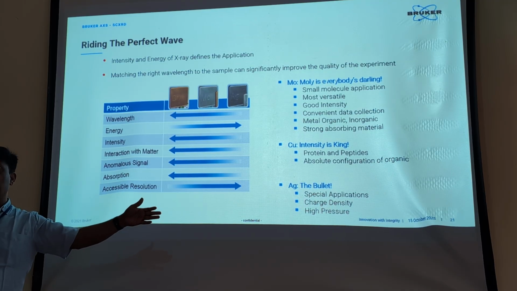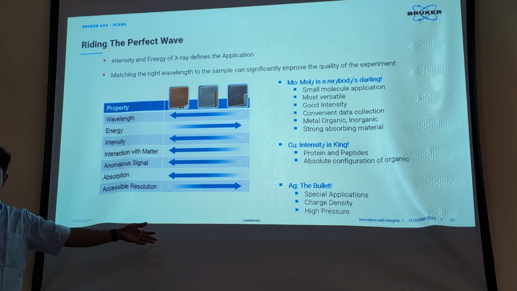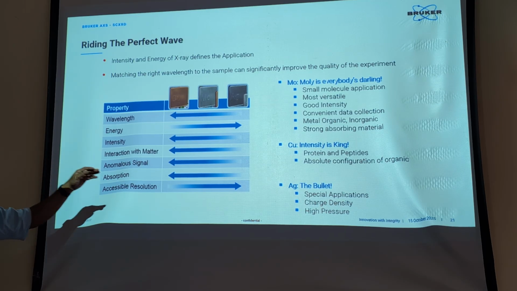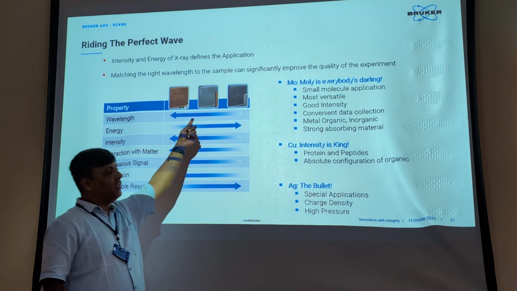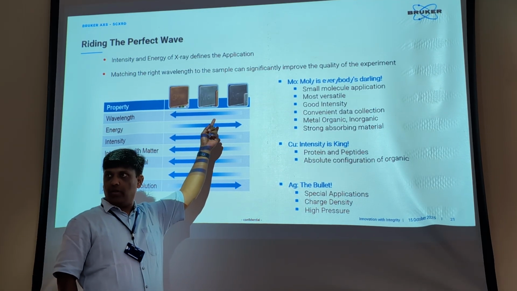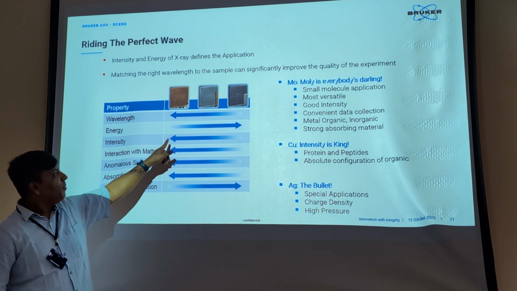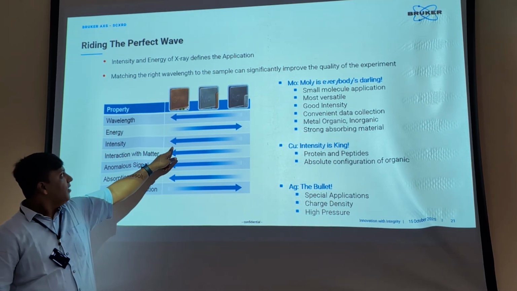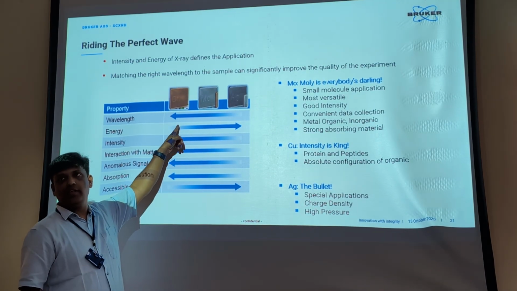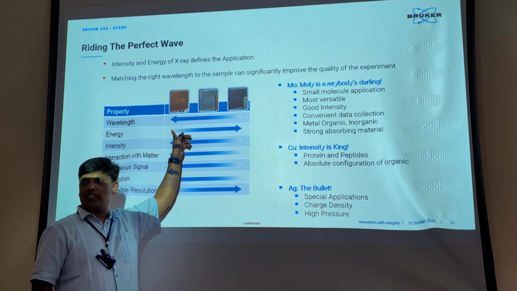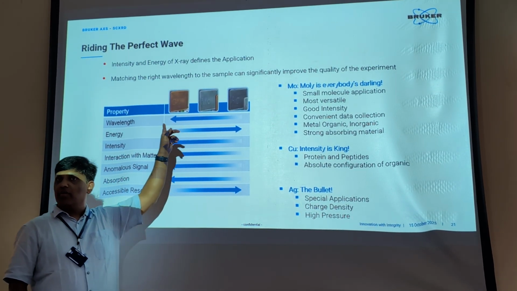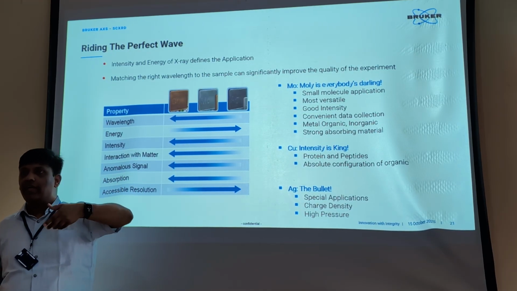We don't use silver quite often. We use mainly copper and molybdenum. Molybdenum has a wavelength which is half of the copper. If you look at the intensity, copper is highest. Wavelength, copper is highest. Energy, copper is lowest.